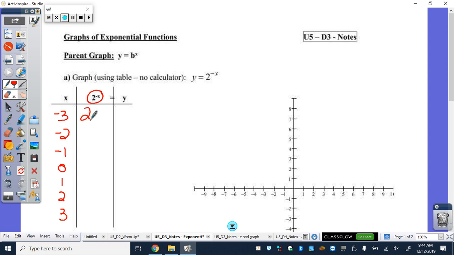So this would become 2 to the negative 3, which, what happens with the negative becomes positive.